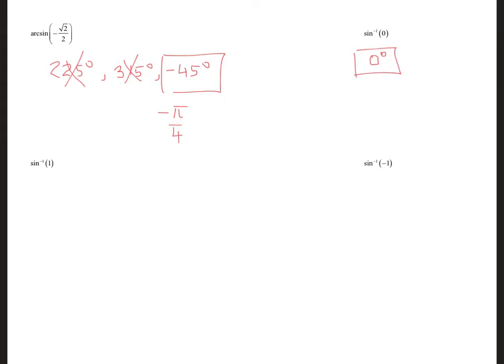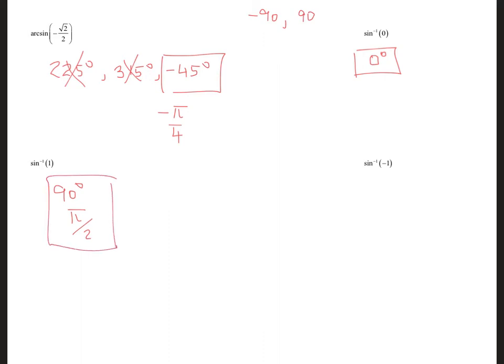And then what is the angle whose sine is 1? That angle is 90 degrees, I'm just looking at the unit circle, or pi over 2, because that's within the range of negative 90 to 90 degrees. So that's the answer right there.